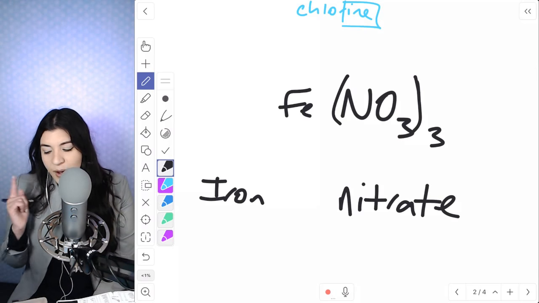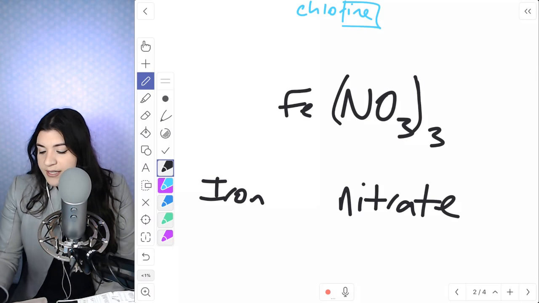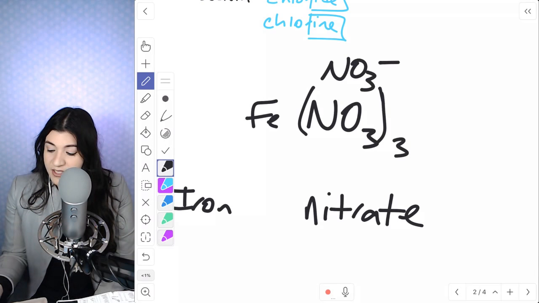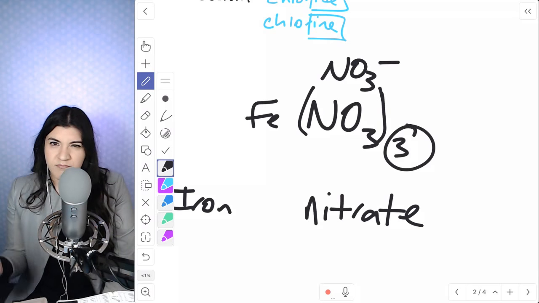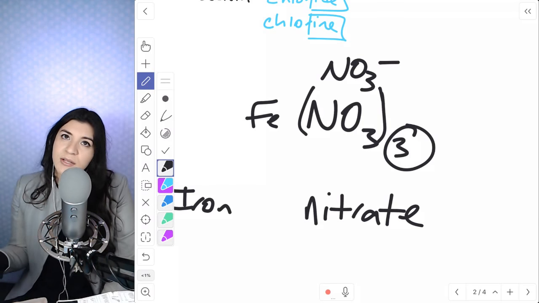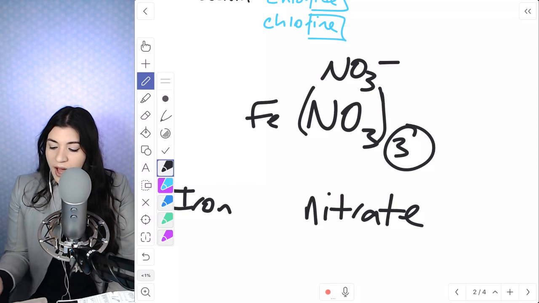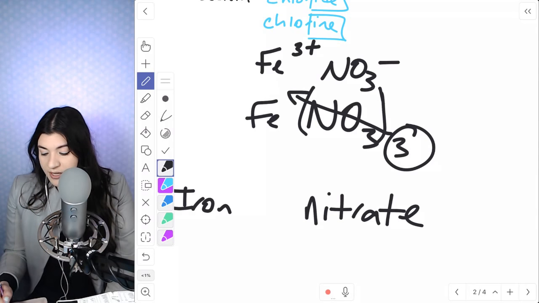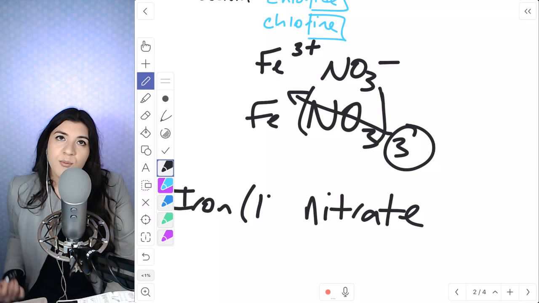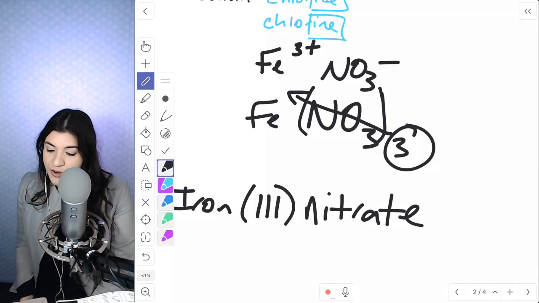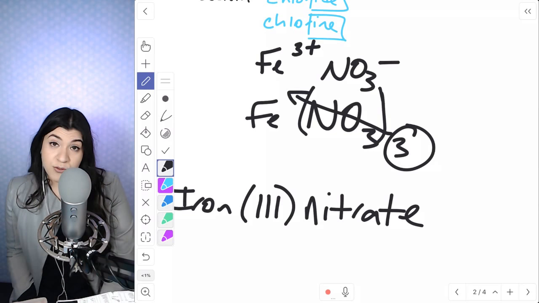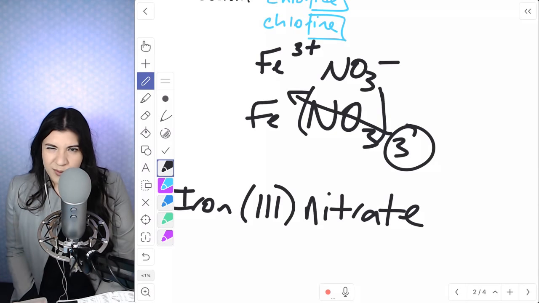How I personally knew that was because nitrate, or NO3, has a -1 charge, and then this 3 subscript must have been placed there to balance out the charges. So you're going backwards, and iron would then have a 3+ charge. So I'll place a 3 Roman numeral there, because iron's charge was 3. Your metals will always be positively charged.